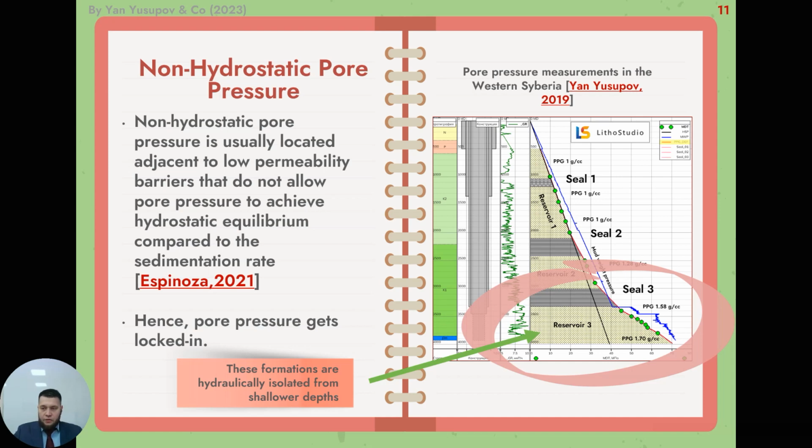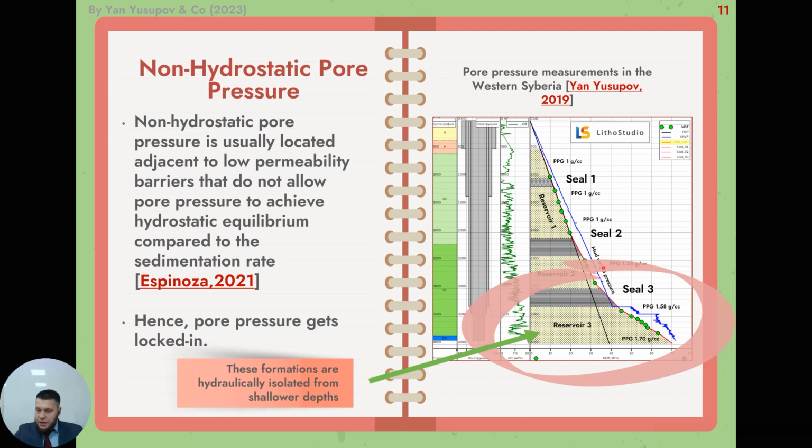This figure shows the variation of pore pressure with depth from observations in one of the fields of Western Siberia. At relatively shallow depths, in this case about 3 kilometers, the pore pressure is essentially hydrostatic before 3 kilometers, yeah?